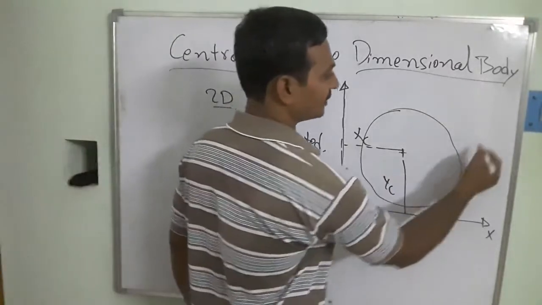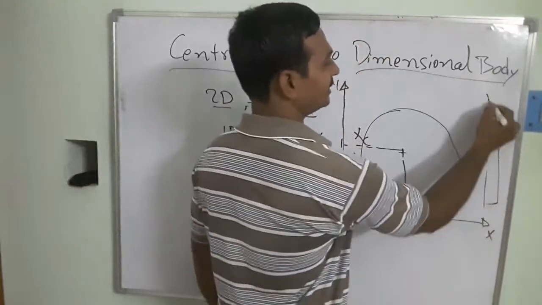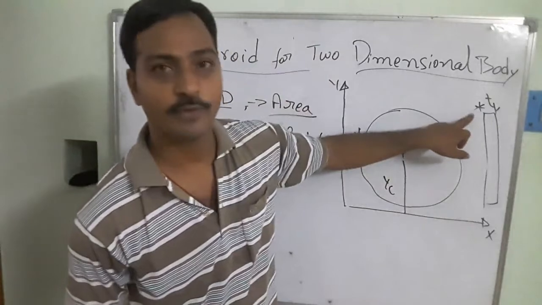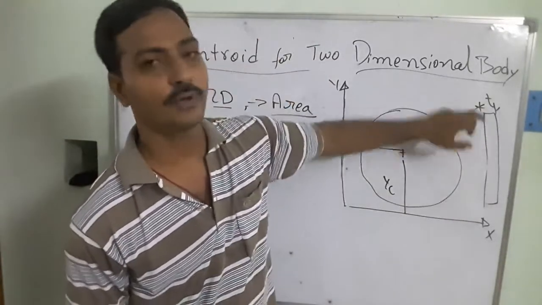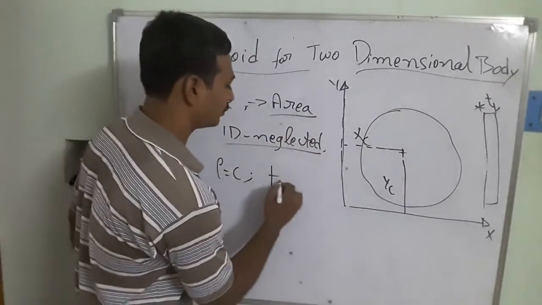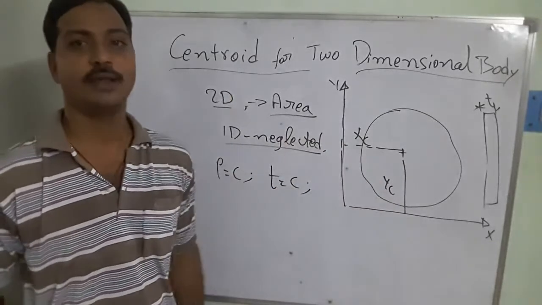When I look at it from here, the thickness of this object is visible in this way. From bottom to top, the thickness is maintained uniform from this point to this point. That's why I consider t constant, and that's why it becomes a two-dimensional object.